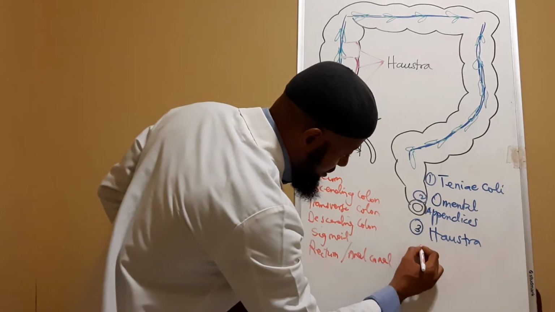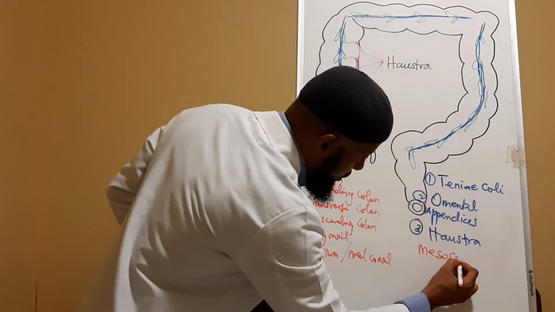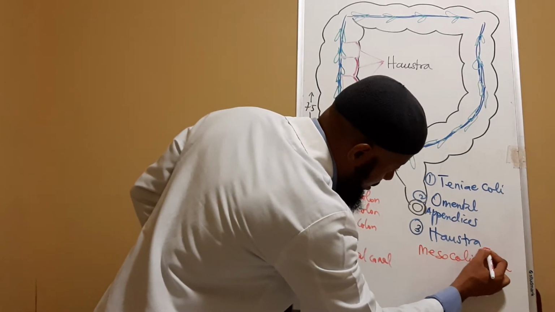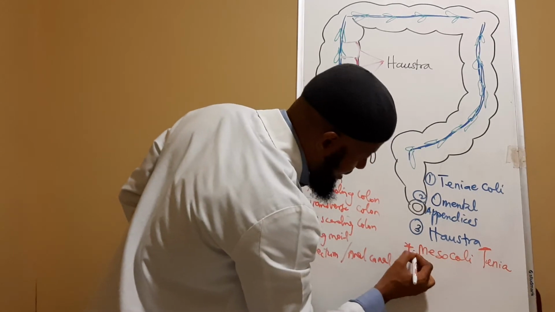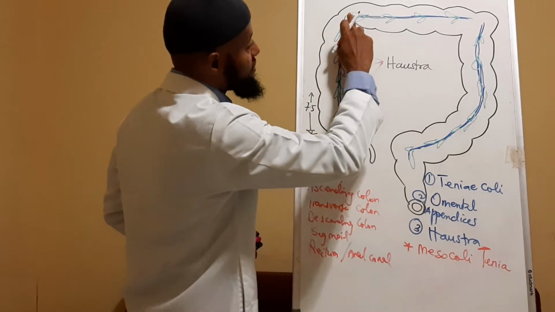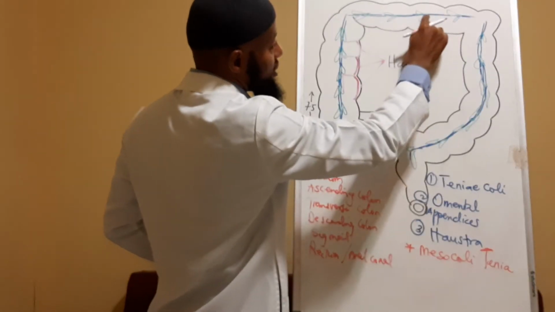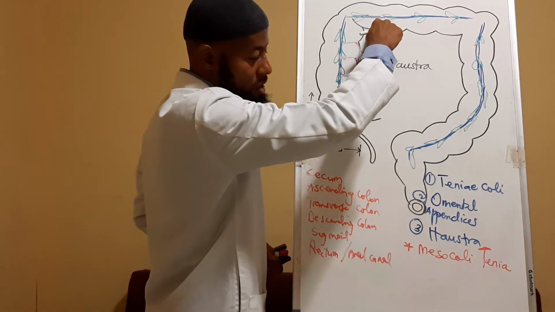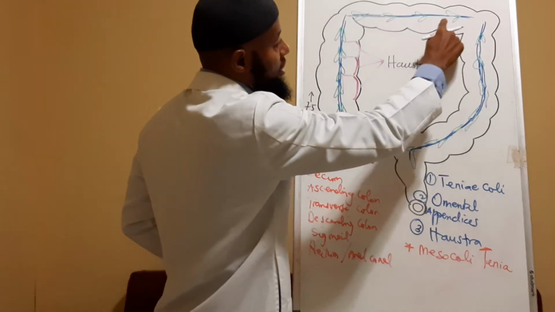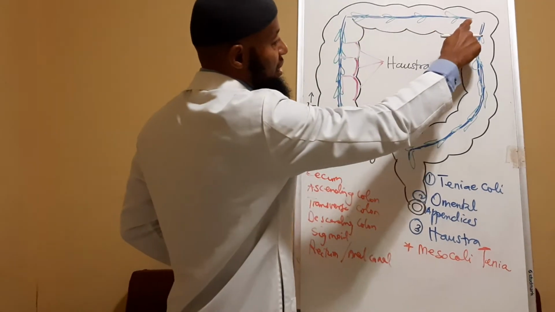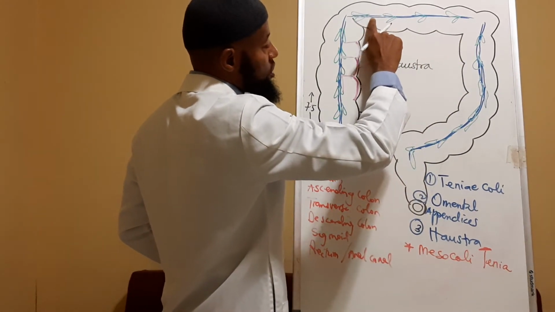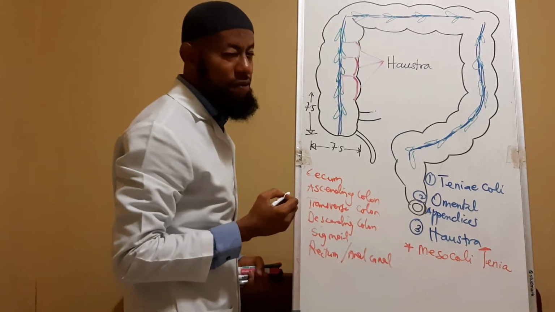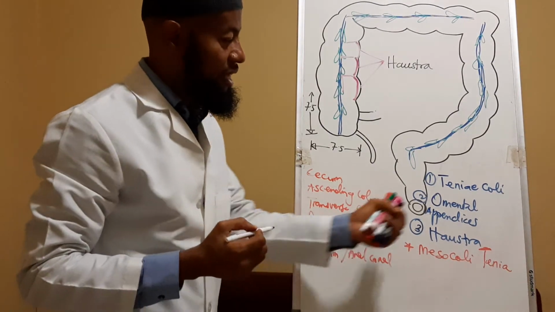The first is the mesocolic taenia. And what is this? It is because the transverse mesocolon attaches to this portion of the taenia coli. That's the first type of your taenia coli.